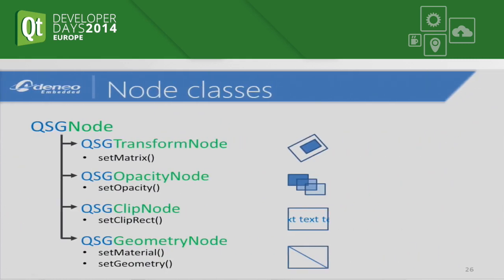And some examples of the nodes that you have available, that I will go through very fast. The transform node to add the transform capability, same with opacity, same for clipping. Then the geometry node, to be able to draw something, to really create a geometry with vertex and being able after to draw a color or a texture on it.